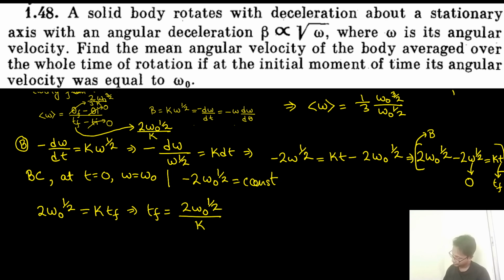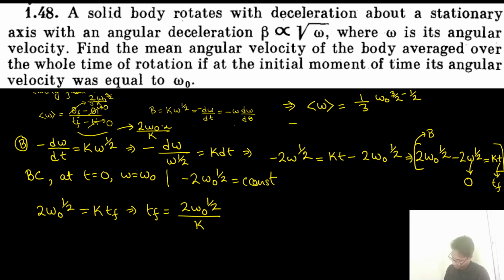Now omega naught to the power 3 by 2 minus 1 by 2 is equal to 2 by 2, which is equal to 1. So average angular velocity is equal to how much? Omega naught to the power 3 by 2 over omega naught to the power 1 by 2 is equal to omega naught, so the average is omega naught divided by 3. That is the value of average angular velocity.